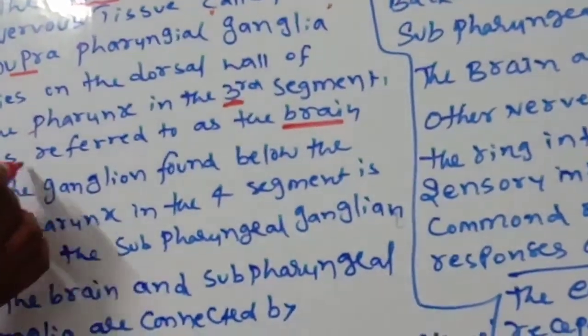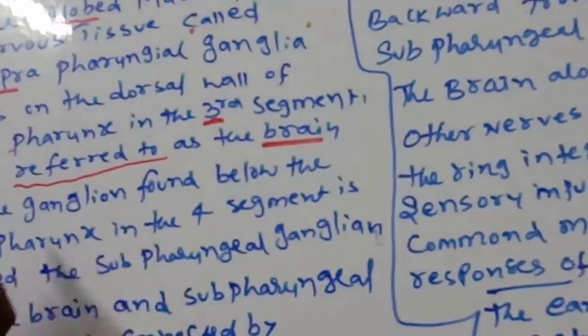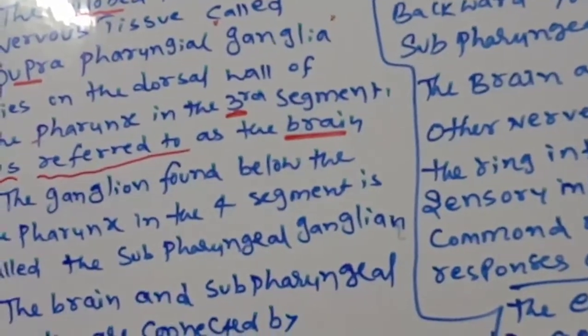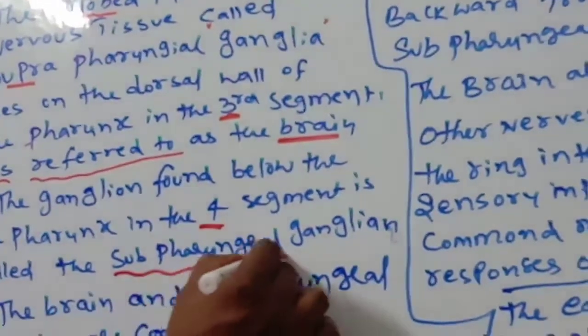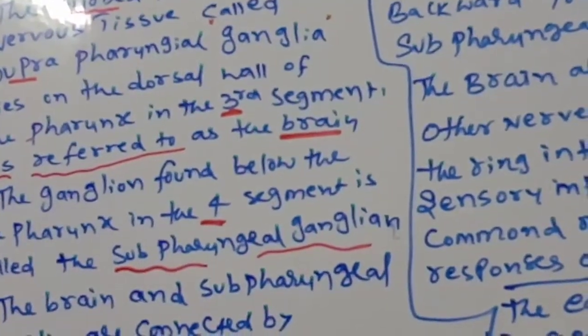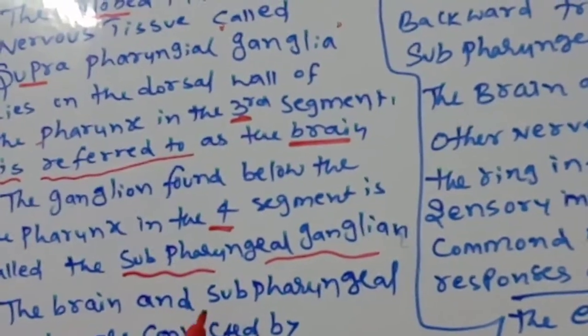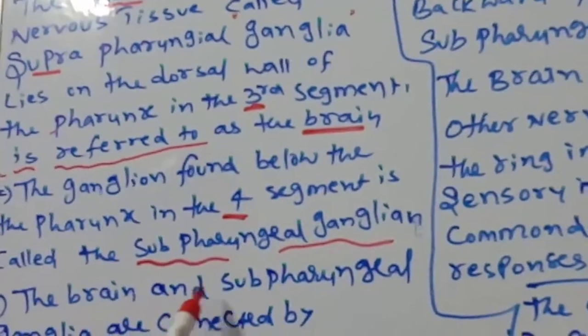This is the first point. The ganglia found below the pharynx, supra means above the pharynx, in the fourth segment are called the subpharyngeal ganglia. The brain means the suprapharyngeal ganglion.